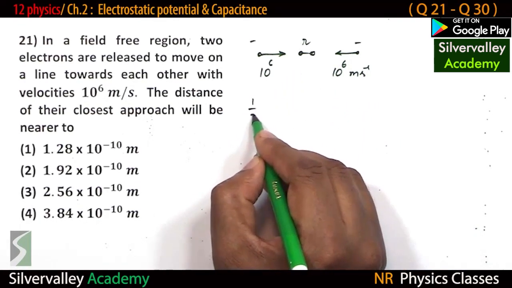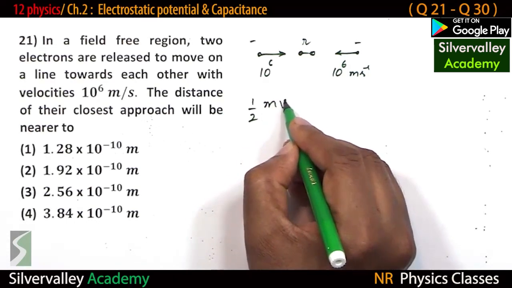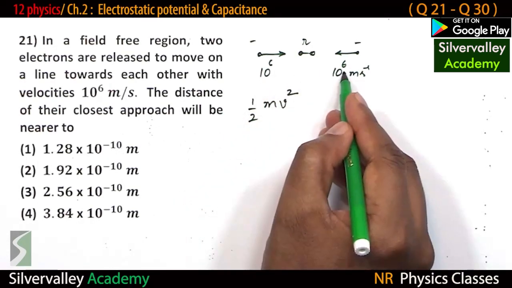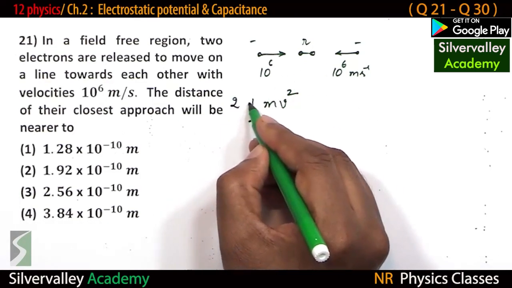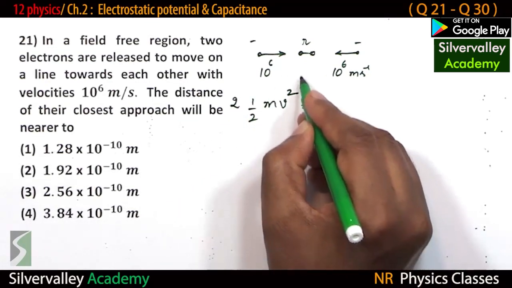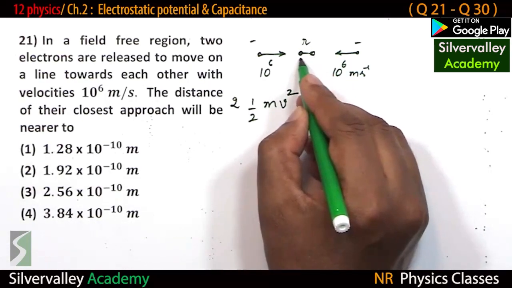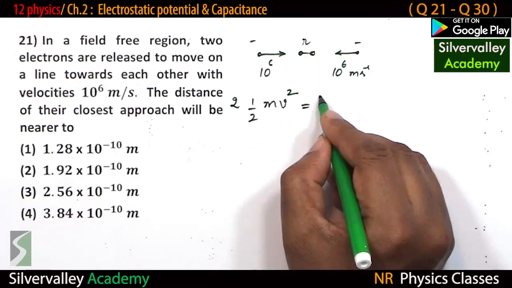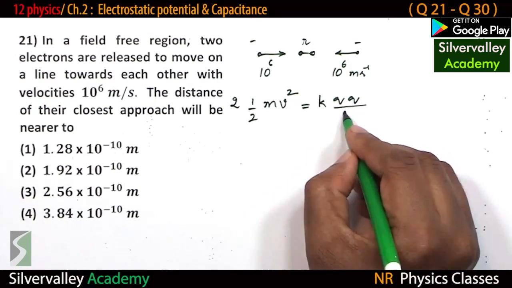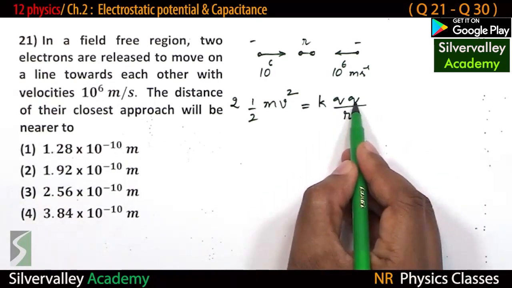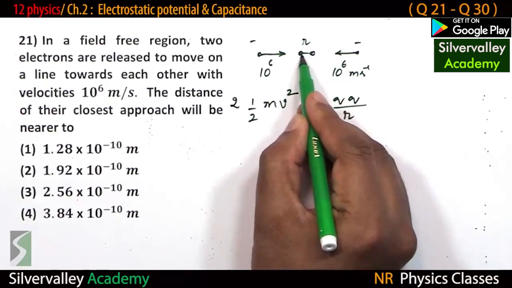Kinetic energy is half m v square. There are two electrons with equal velocities, therefore 2 times half m v square is equal to the potential energy of two electrons separated by r, which is constant k q by r, the potential energy of these two charged particles.